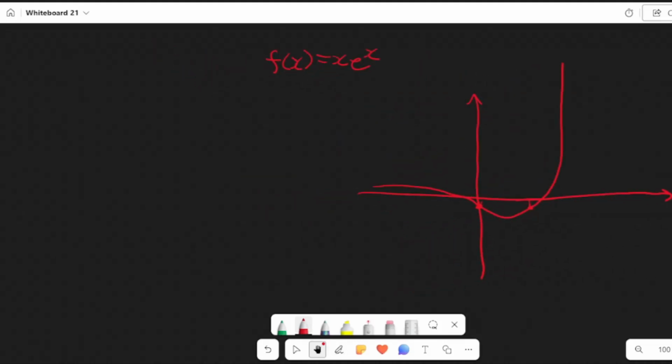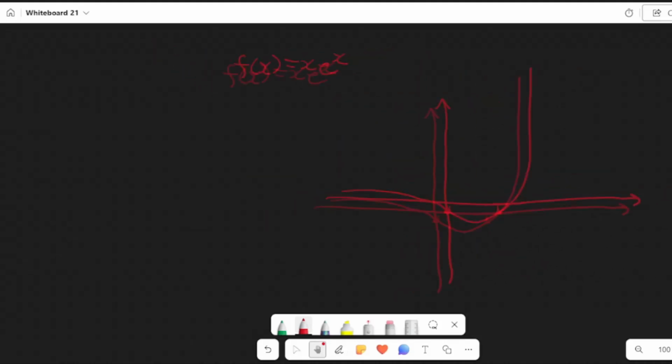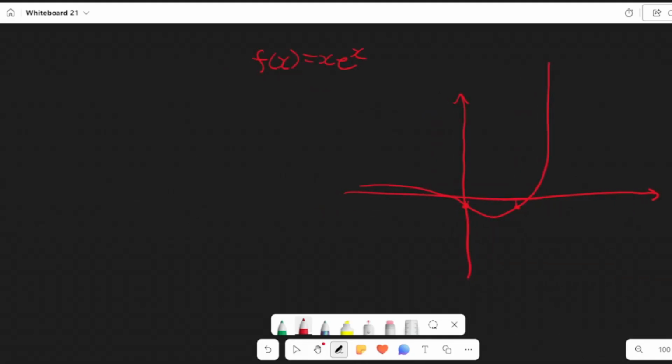And this is exactly true, because for any number that is between negative 1 over e and 0, if we plug that into the Lambert W function, there will be exactly two solutions.